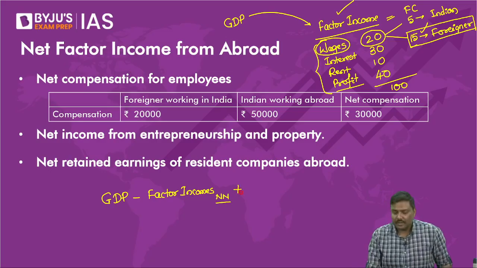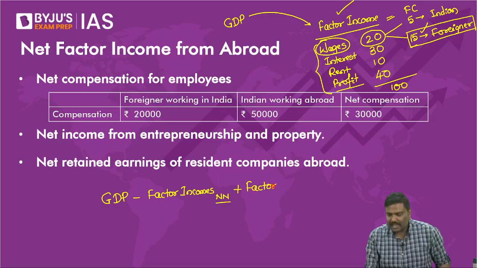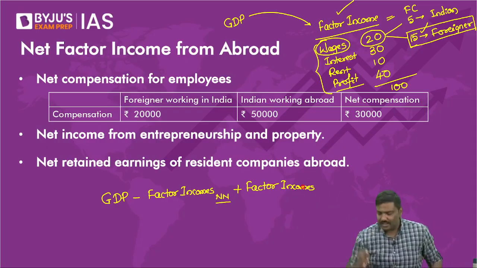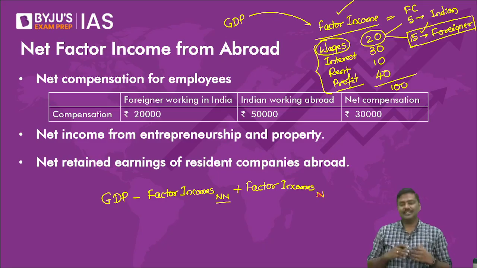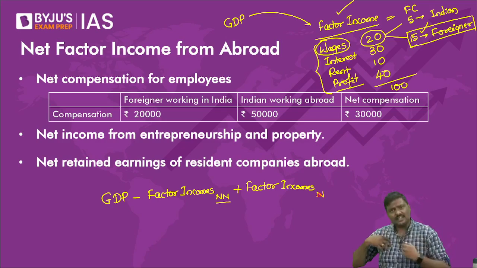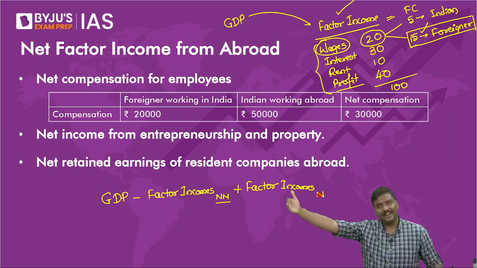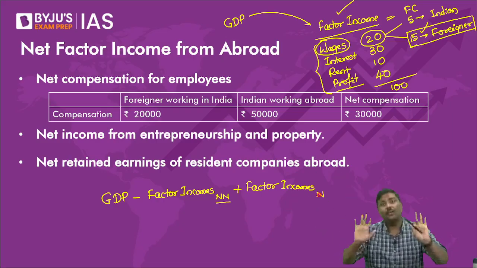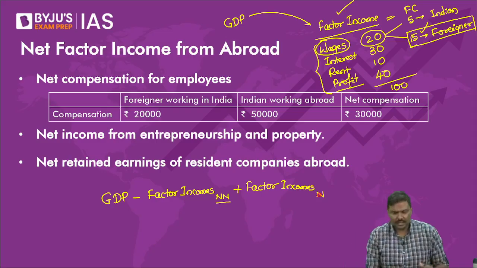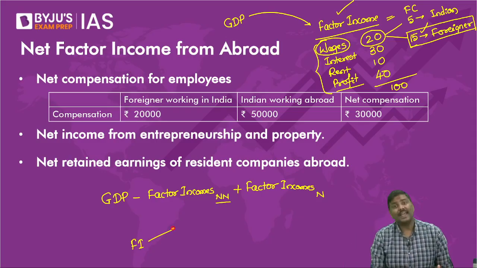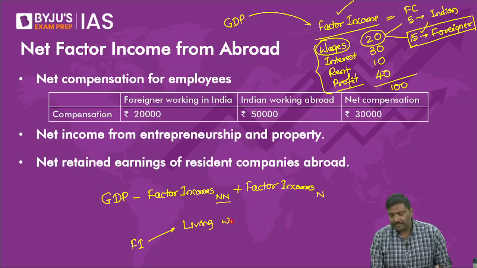I will add factor incomes generated outside India by the nationals. Because at the end of the day, what you require is simply this: factor incomes generated by nationals living within India and outside India. All of you will agree?